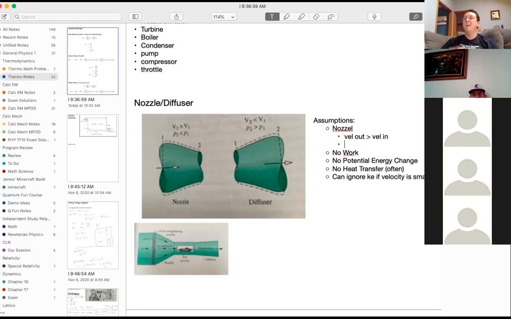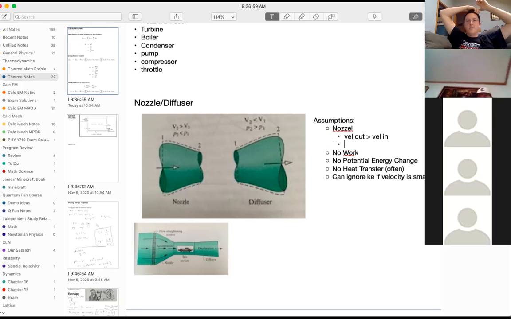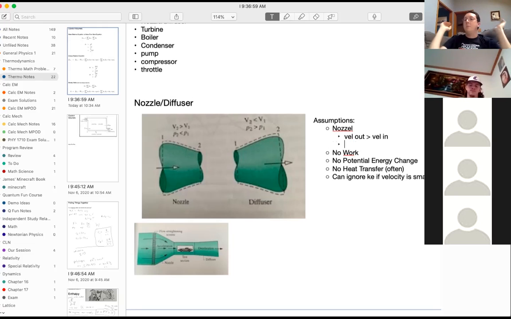And then if you think about it, just think back to Bernoulli's equation, or you can use the energy equation and think about enthalpies, but it's easier just to intuit the answer from Bernoulli's equation. We know that if the velocity grows, the pressure drops. So that is going to mean the pressure out is going to tend to be less than the pressure in, just coming from Bernoulli's equation.